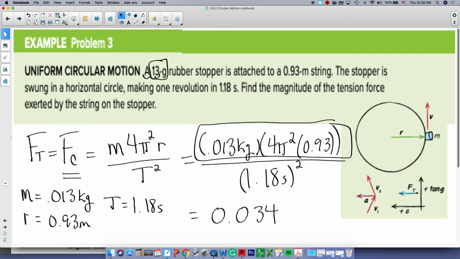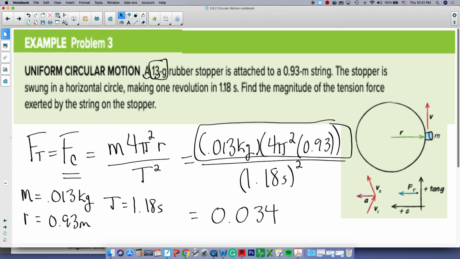Okay? So that is the magnitude of the tension force. And I'm going to double check my numbers here because that seems kind of small. But it's only a 13-gram rubber stopper. So let's double check our numbers. 0.013 times 4 times pi squared times 0.093. Oops, it's just 0.93. Maybe I put an extra 0 in there. Divided by 1.18 squared.